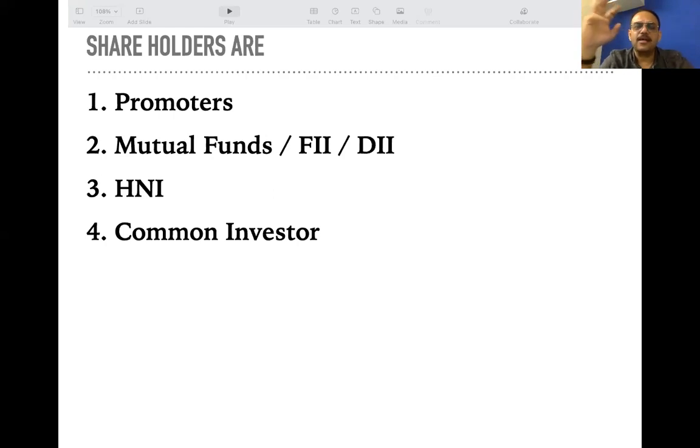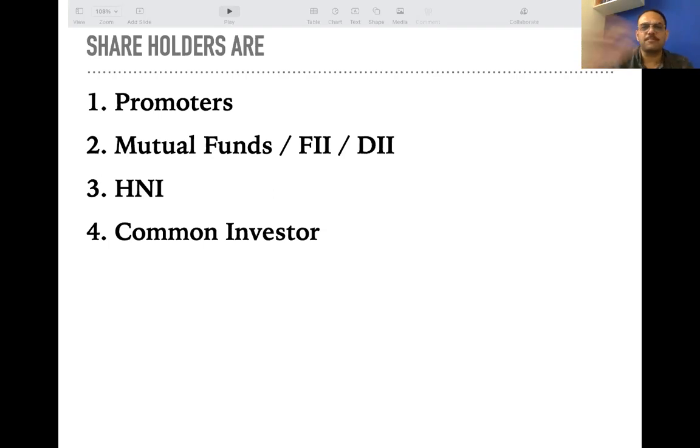Now typically, out of the complete shares available, mostly the promoters will be having 35% of shares, 40%, 50%. So out of all issued shares, at most 70% are available in the market for exchanging.